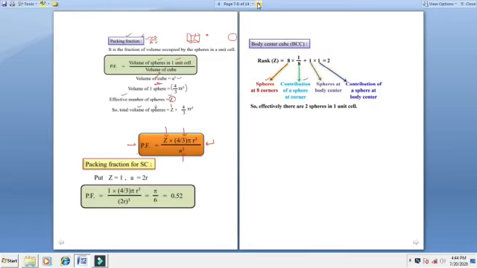Volume of one sphere can be given by the formula 4 by 3 pi r cube, where r is the radius. Effective number of spheres, that is the number of atoms per unit cell, is given by Z, and total volume of spheres becomes Z into 4 by 3 pi r cube. So the packing fraction formula can be written as Z into 4 by 3 pi r cube divided by a cube.